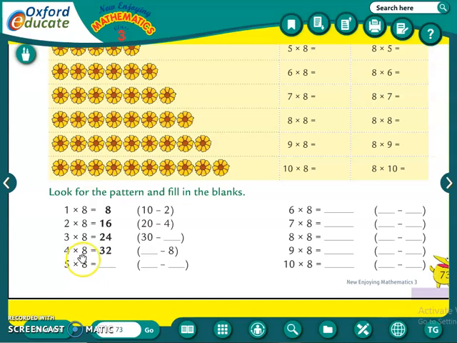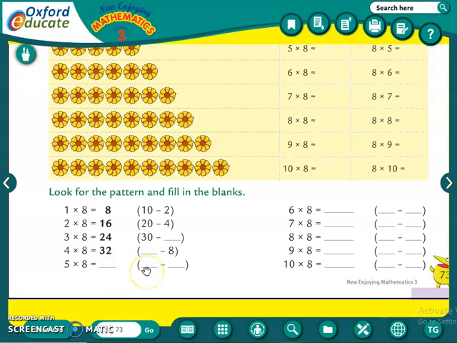Like this 4 eights are 32. So here what will we write? We have to write here 32 plus 8, which means the answer will come 40. So here we will write 40. Okay. And 5 eights are, what is the answer? 5 eights are 40.